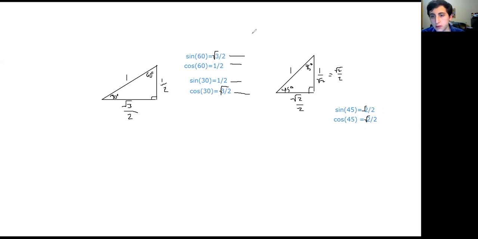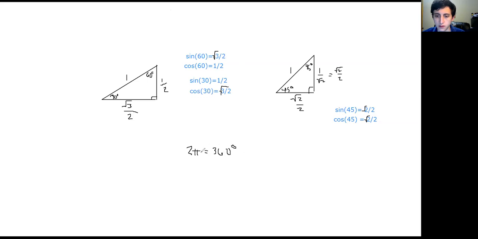And another thing that I would do is make separate flashcards for the radian versions of these. So you have sine of 60. So the radians that matches 60, if you recall, when we're talking about radians, 2 pi radians is the same as 360 degrees.